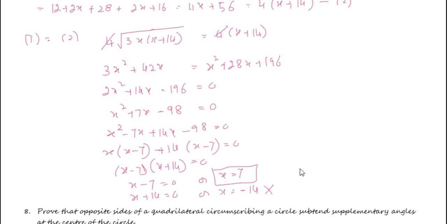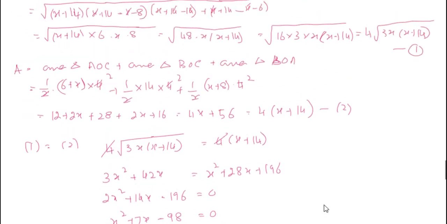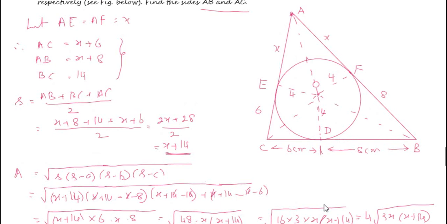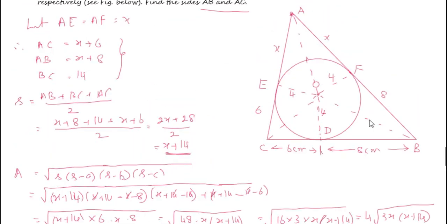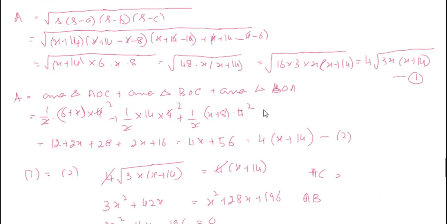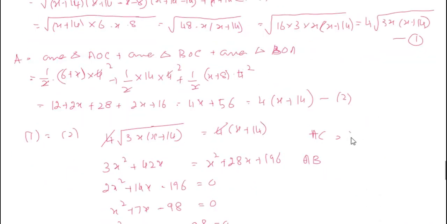We need to find out the sides. Which sides? AC and AB. AC equal to x plus 6, so it is 7 plus 6 equal to 13.